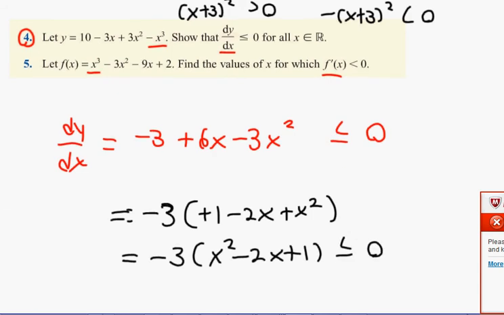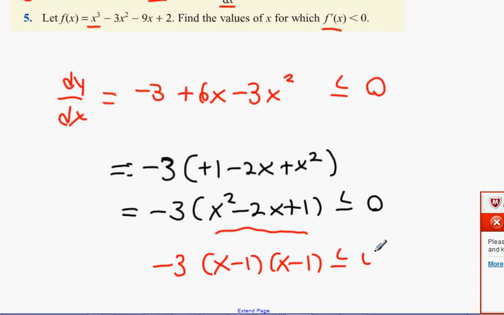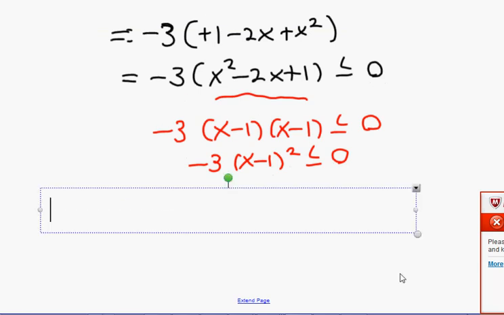Use the reference number on this, guys. What happens when you use the reference number on that? You're going to get x minus 1, x minus 1 when you do the reference number. Is everybody happy with me just skipping that in? Yeah. And then minus 3 into x minus 1 squared less than or equal to 0. Explain why it's always negative. Yeah.